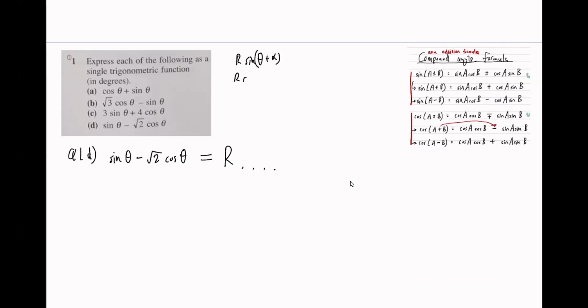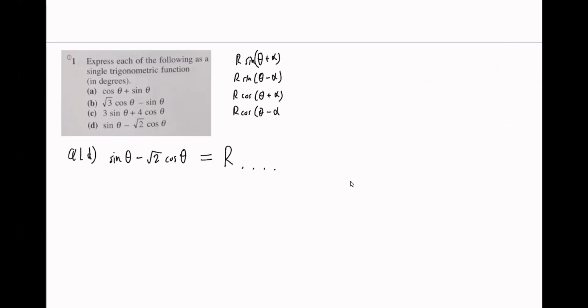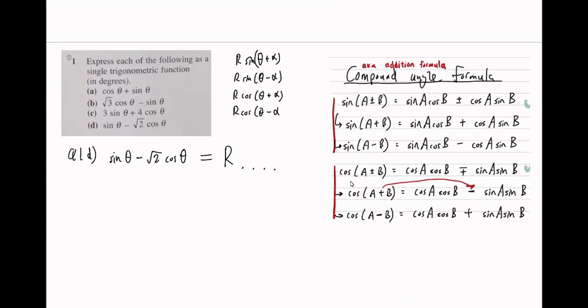Yeah, make it positive. Make this a bit bigger. You see sine, you see cosine, right?